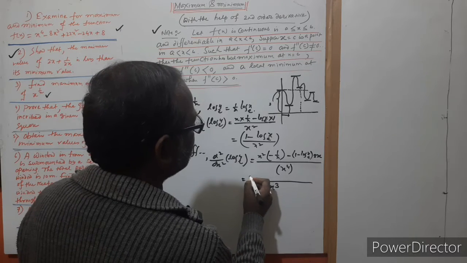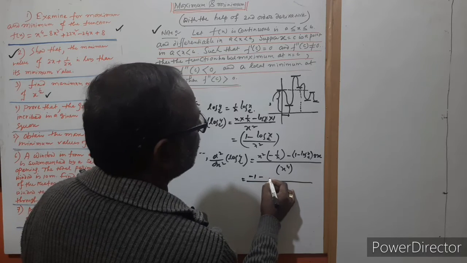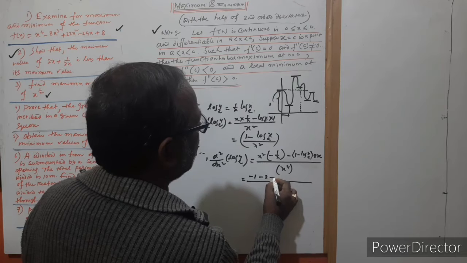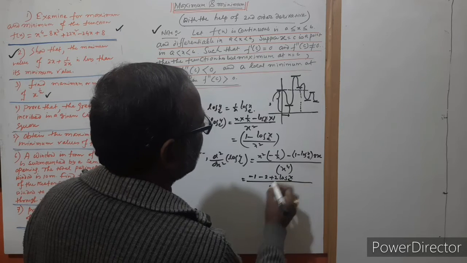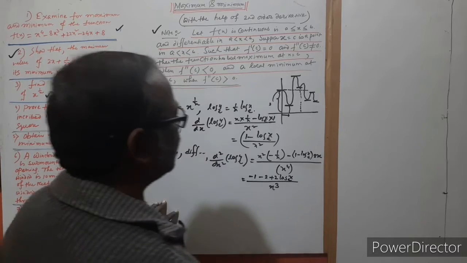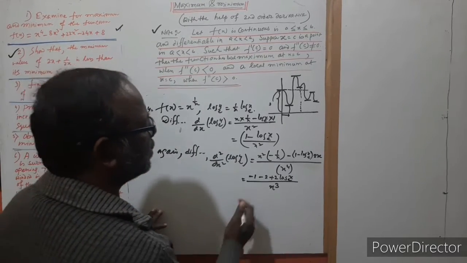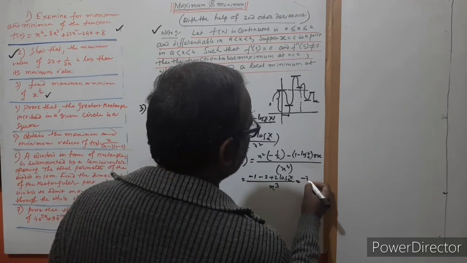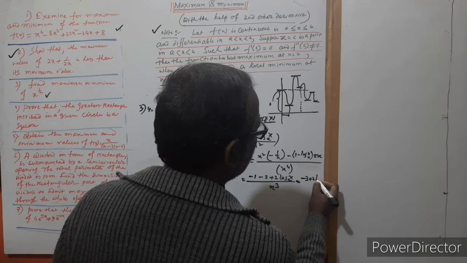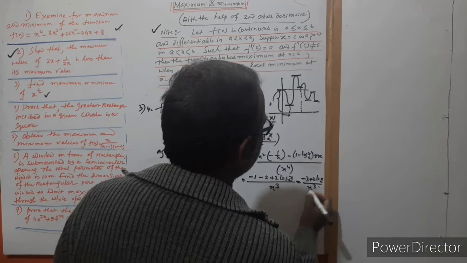So this is minus 1, and here minus 2 plus 2 log x to the base e. Am I right? So this is minus 3 plus 2 ln x by x cube.